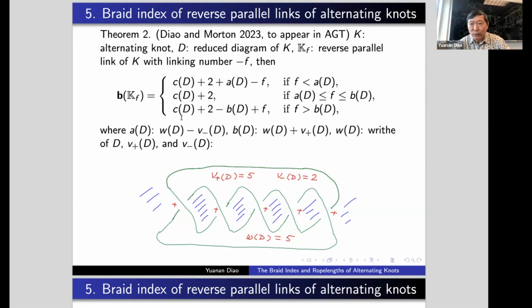It does not even work for alternating links. In other words, the conjecture is only proved for alternating knots. If you have more than one component, this is off.